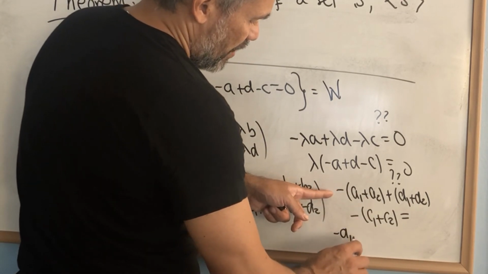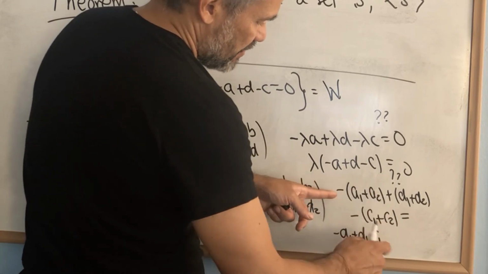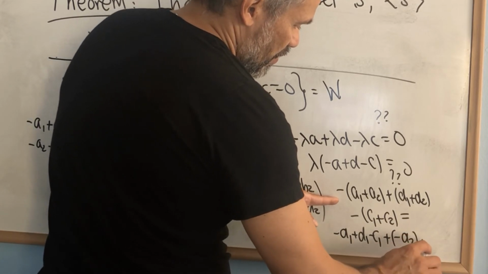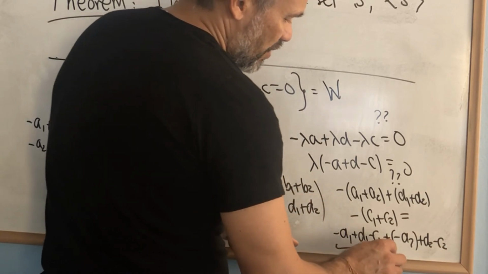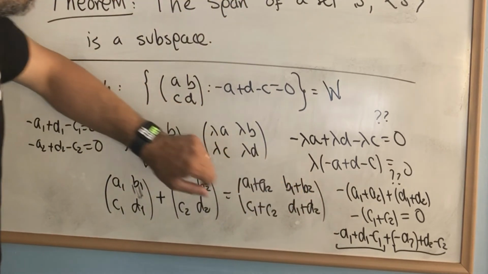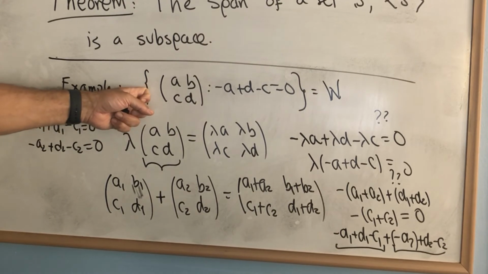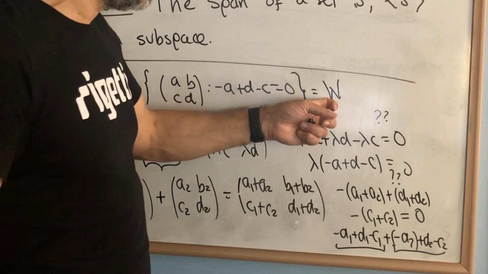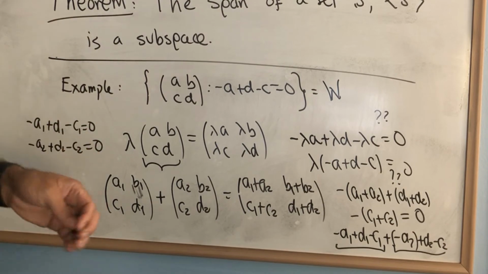We get negative A1 plus D1 minus C1, plus negative A2 plus D2 minus C2, and this part is 0, and this part is 0. For that reason, this is 0, and that means that this matrix is in W. Then we have that this subset is a subspace of the 2 by 2 matrices.